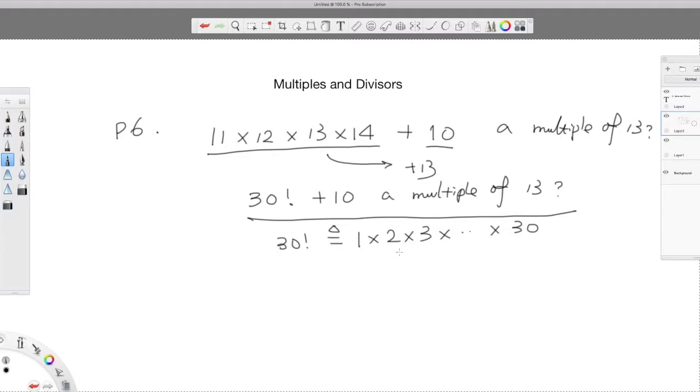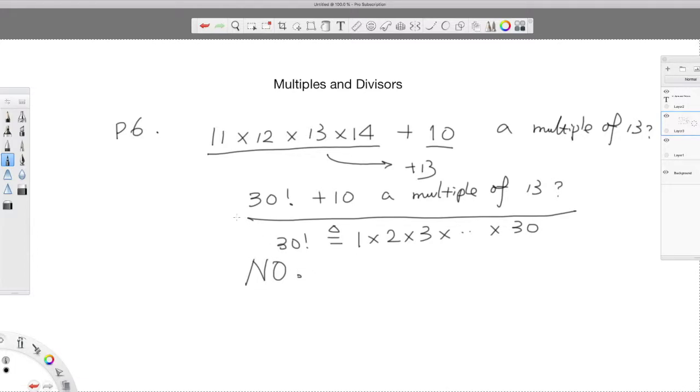You multiply all the positive integers from 1 to 30 together. It's called factorial, and you write it with an exclamation mark. Is 30 factorial plus 10 a multiple of 13? Again, no.